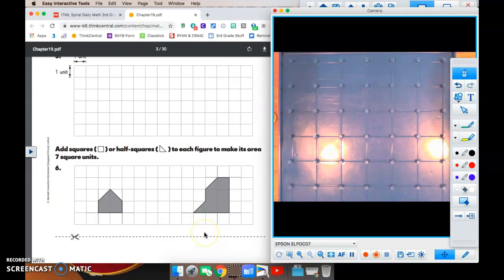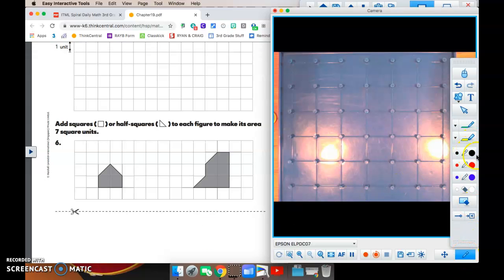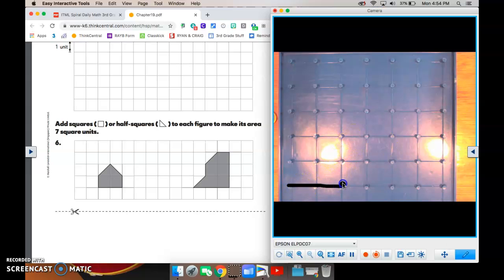Now it says add squares or half squares to each figure to make its area 7 square units. So we start this one, goes like this. Right now it has 1, 2, 2.5, 3, and we need 7, right?